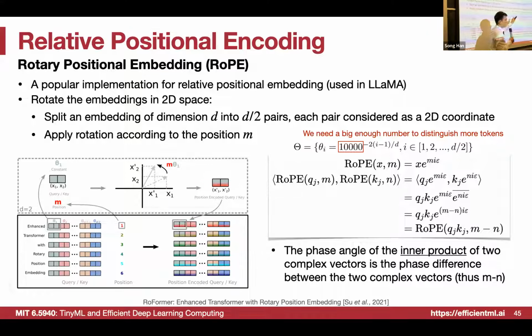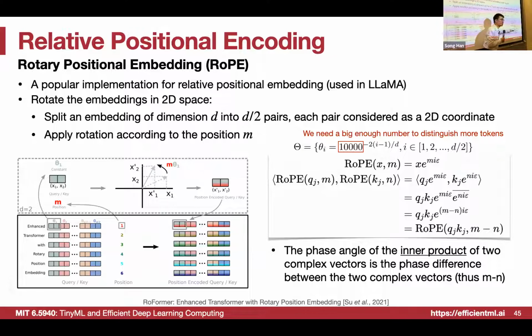Basically, when you are doing the dot product of two vectors, what is happening there? You rotate by m theta, and when you do the dot product of 2 vectors, both passed through this RoPE transformation, you can see we are multiplying the norms and also subtracting the angles.